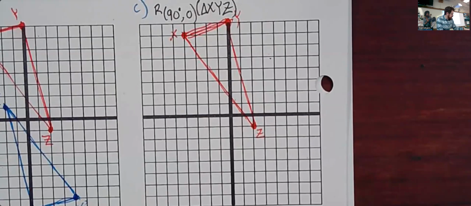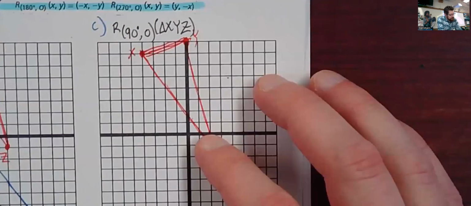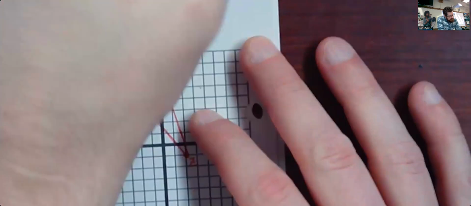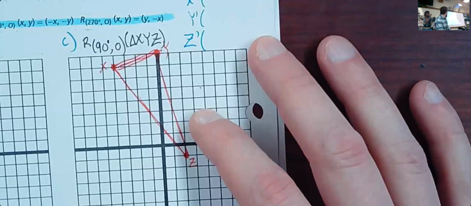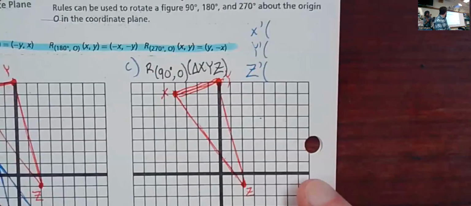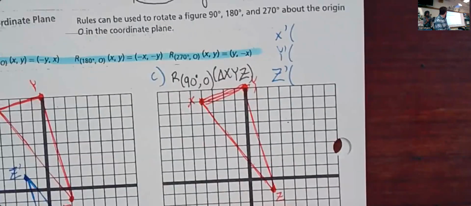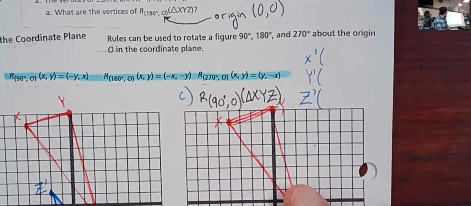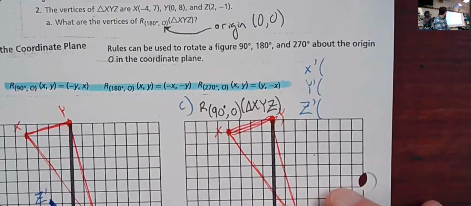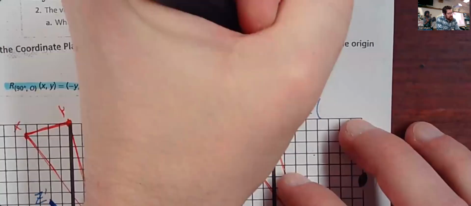So let's get our coordinates. So go X prime, Y prime, and Z prime. Go ahead and work on those and get your 90-degree rotation on there. So we'll bring Y to the front and make it opposite, and then move X to the Y position to keep it the same. So what's that going to be for X prime?